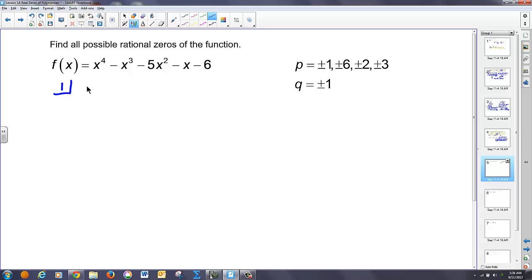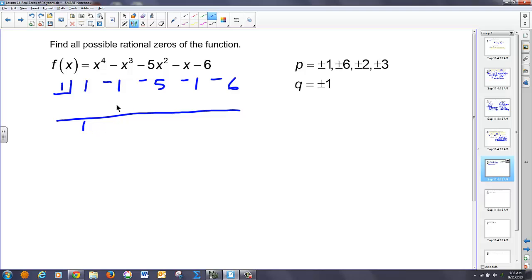I'm going to pop that into the coefficients 1, -1, -5, -1, -6. So I'm going to do synthetic division. In theory, I could plug each of these numbers into f of x and see if my remainder is 0 and work out the problem that way. That's another option. But I'm going to do this using synthetic division.